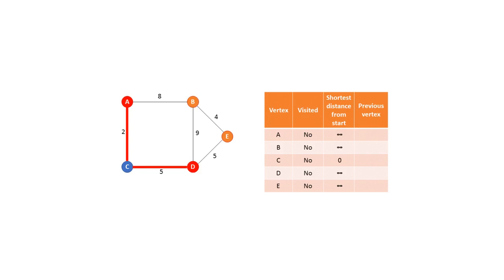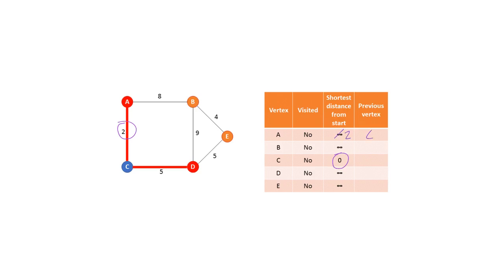And so what we're going to do is calculate the distance from A to the start C. And that's what those numbers are on the edges. So we know the distance from A to C is 2, but we calculate it as 2 plus the shortest distance from the node that we've come from, which is C. And the shortest distance from C was 0. So it's actually 2 plus 0 equals 2.